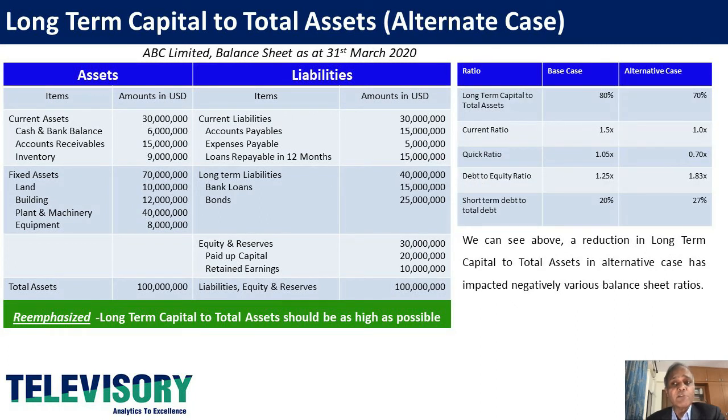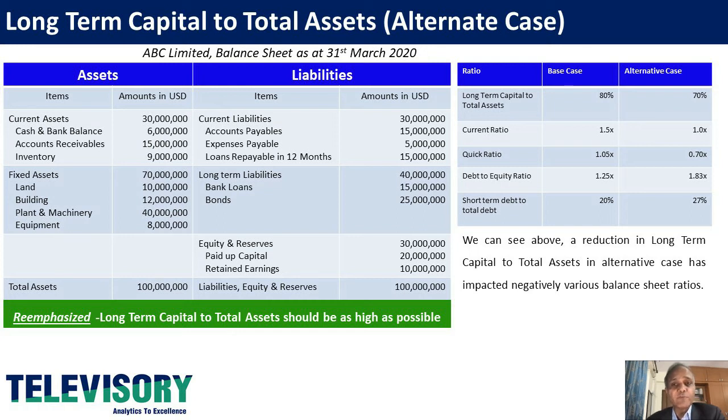Let's take an example that this ratio is slightly lower, where the equity is only 30 million, and this reduction in the equity is actually financed by an increase in current liabilities.